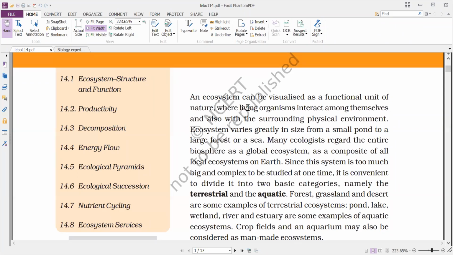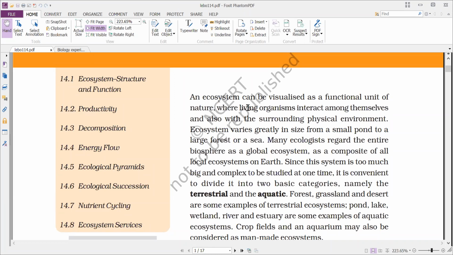So how one organism interacts with the other organism, and along with that, how these organisms interact with the non-living or abiotic components of that environment.